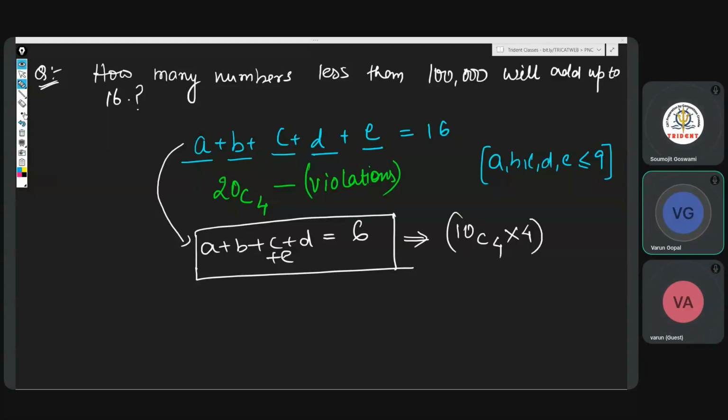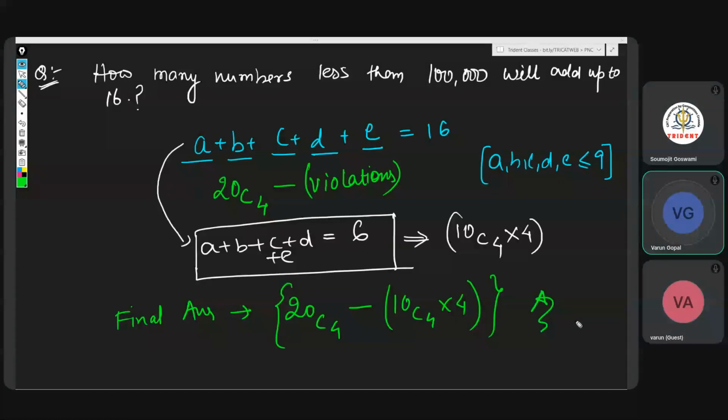So the final answer is 20C4 minus 10C4 into 5. Take a screenshot of this one. Oh, I'm extremely sorry, 10C4 into 5.